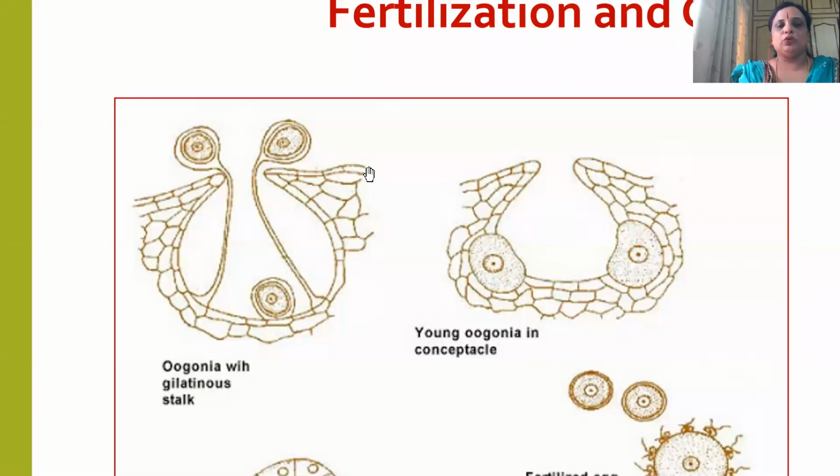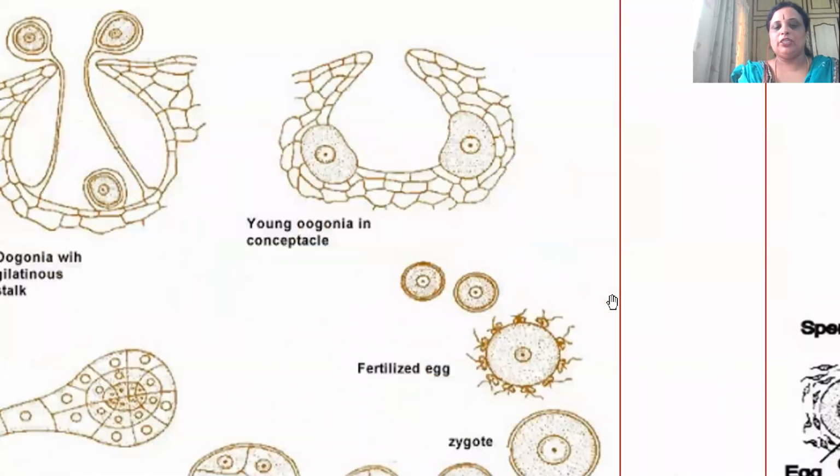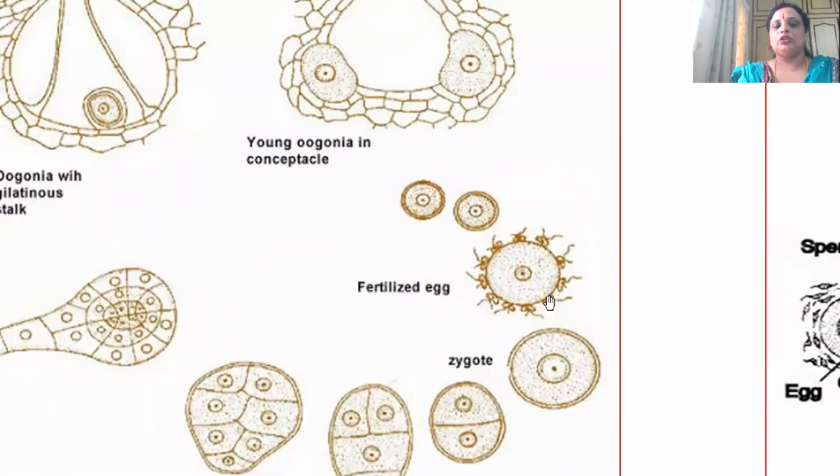They reach the oogonium and attach onto the wall of the oogonium in such a way that the tinsel kind of flagella helps in the attachment of the anthrozoids onto the wall, and the whiplash kind of flagella swim in the current of water. Later, the wall of this anthrozoid and the wall of the oogonium dissolve, which leads to plasmogamy and karyogamy to form a diploid zygote.